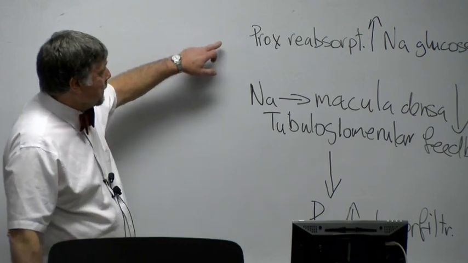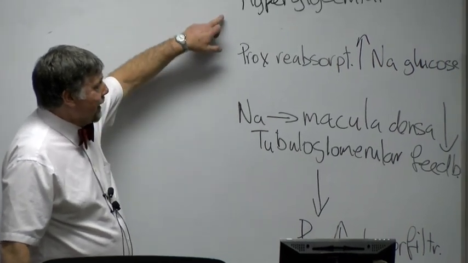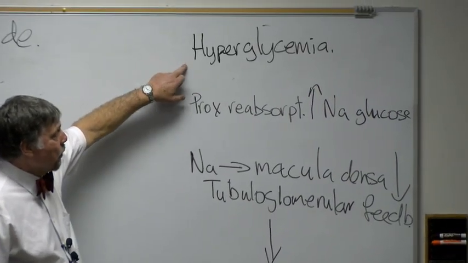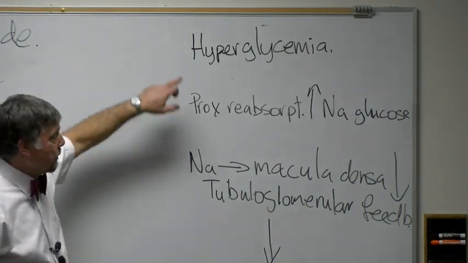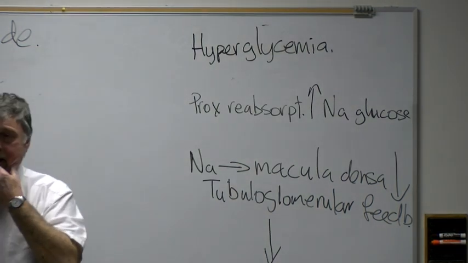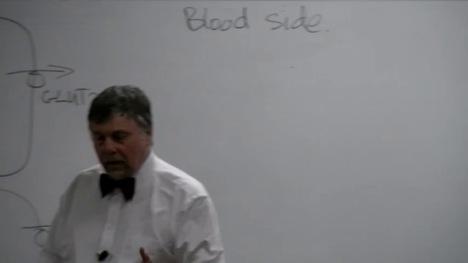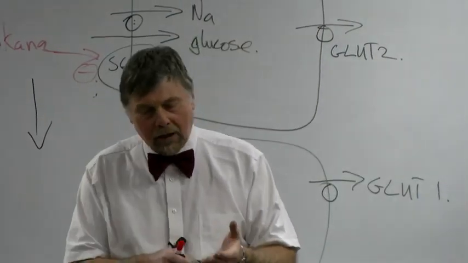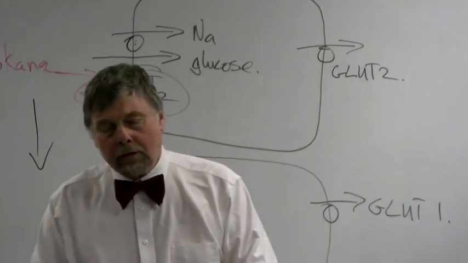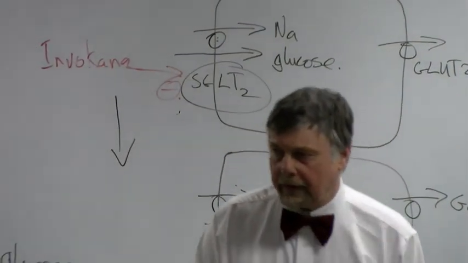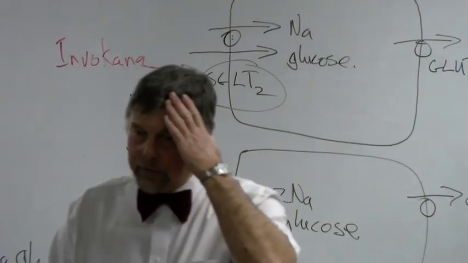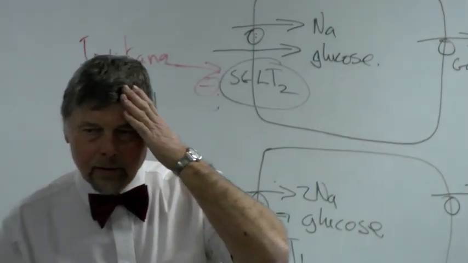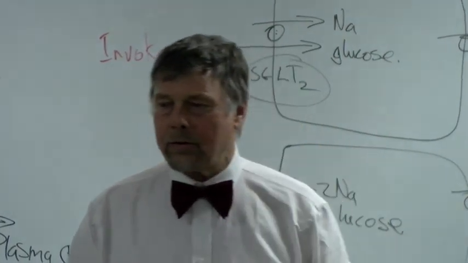But then the SGLT2 inhibitors also affect this system by reducing the hyperglycemia. So good treatment reduces hyperglycemia, and seems to reduce kidney disease.